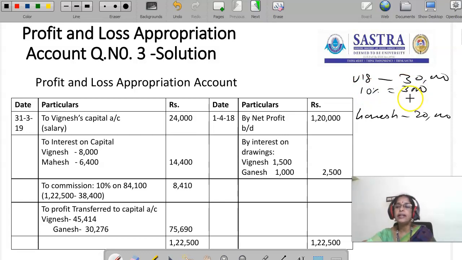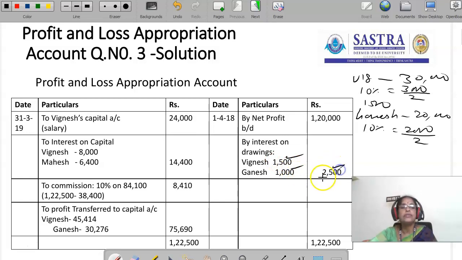But we have to calculate interest on drawings for 6 months because the date is not mentioned, so 1,500. Here 10% of 20,000 is 2,000, and since the date is not mentioned, we calculate for 6 months. 6 divided by 12 is nothing but 1 by 2, so directly I have divided the amount by 2. So 2,000 divided by 2 is 1,000. So interest on drawing is 2,500.